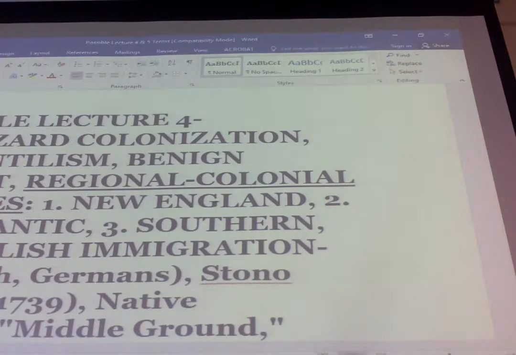Now, this is one of the things that makes the English colonies different than the Spanish or the French or even the Portuguese. Right? Those colonial societies were usually founded by royal governments. Right? So the government knew exactly what they wanted to do, and they would implement their plan. That wasn't always the case with the British, as we've seen. Even who founds it is not always the same.